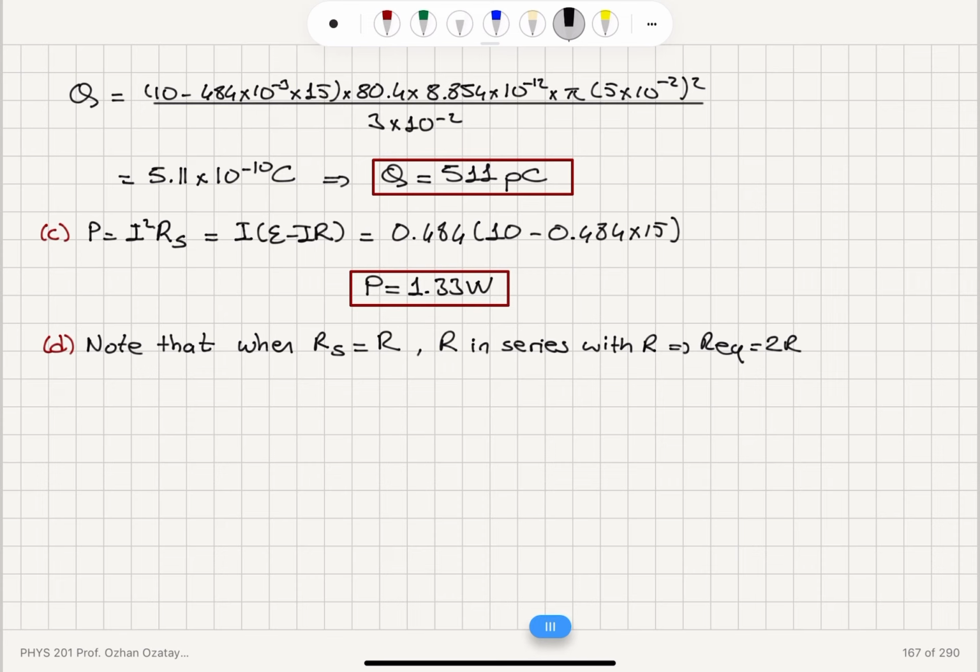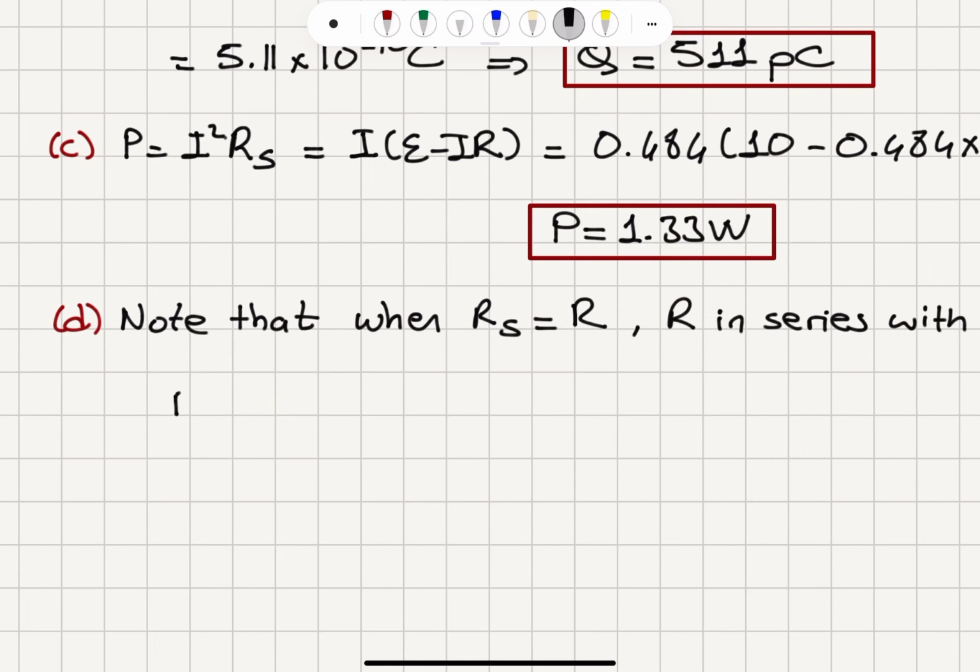So the power dissipated is going to be equal to epsilon square divided by 2R. V square over R, so it's epsilon square divided by 2R. This is actually the total power supplied by the battery.